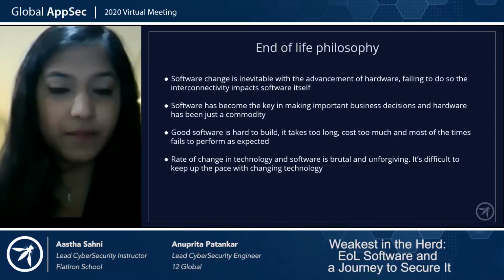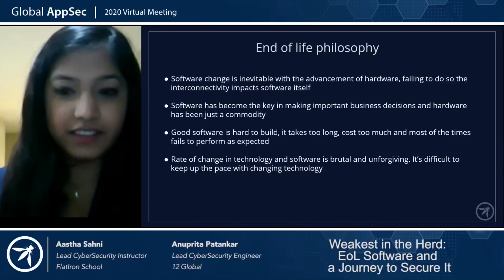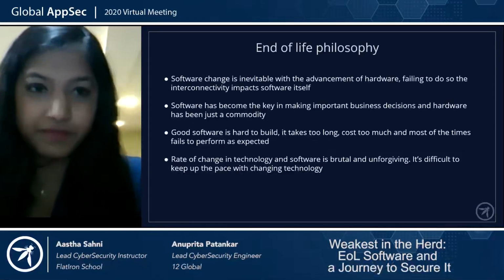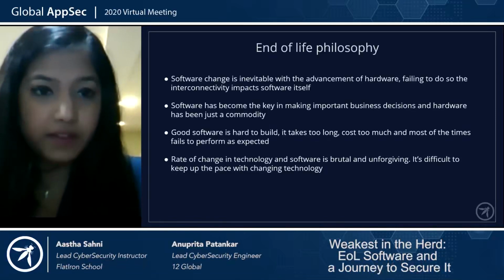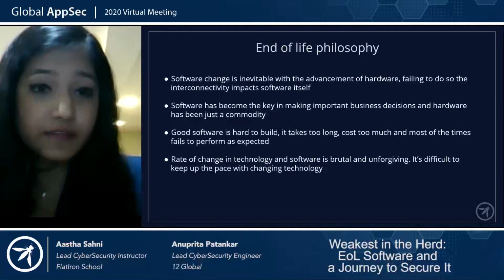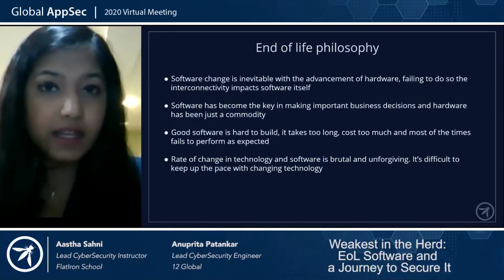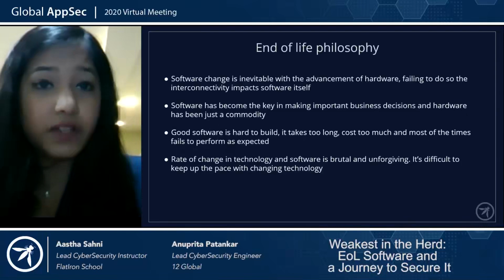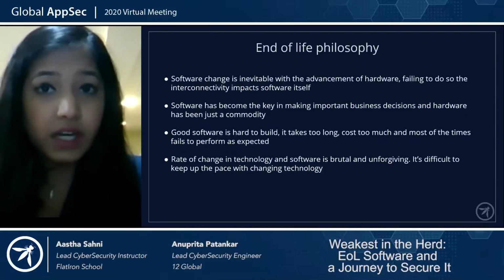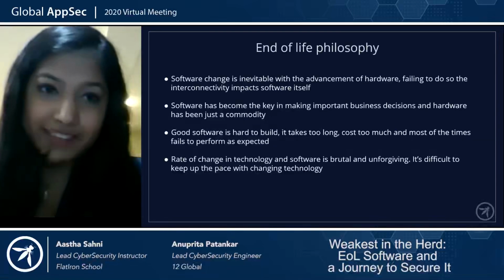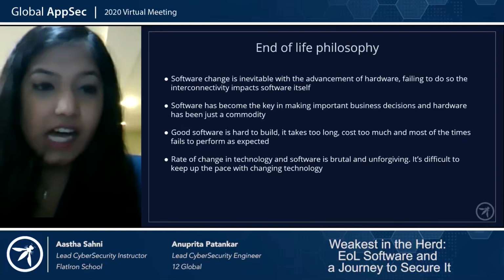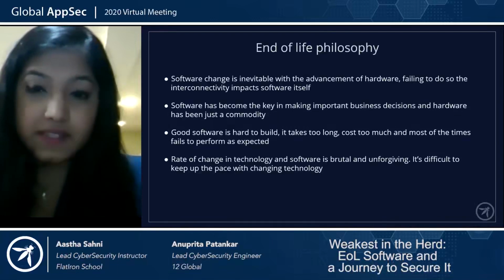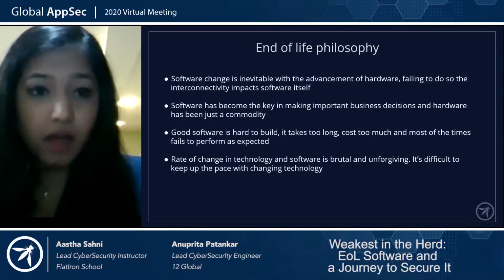The second point for this slide is a very important one: nowadays, software is the key in making important business decisions, and in deciding what type of technology is used to help companies, while hardware has just become a commodity.